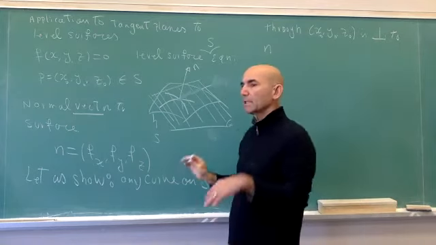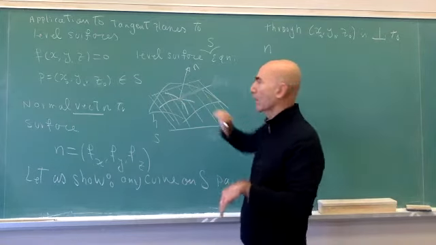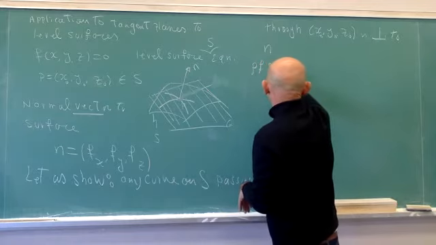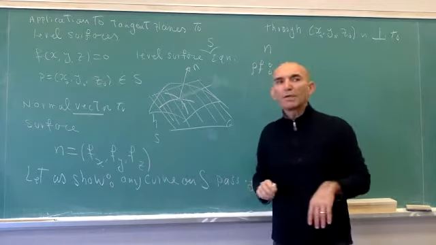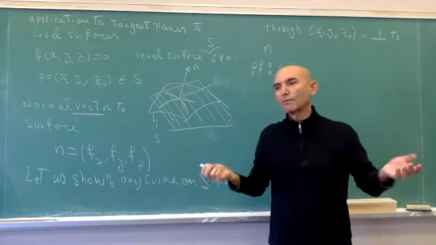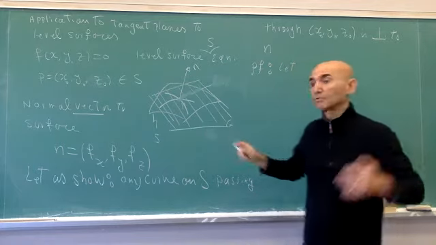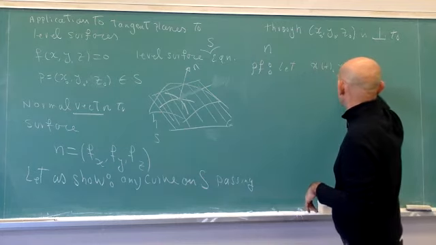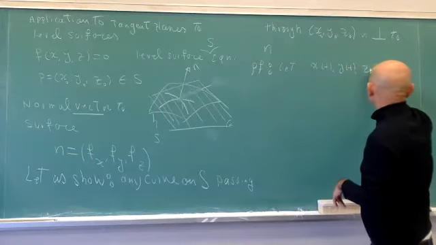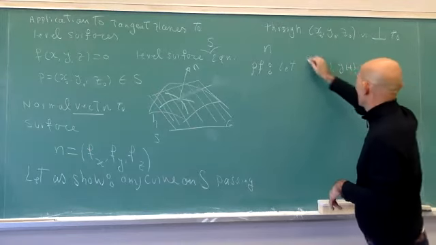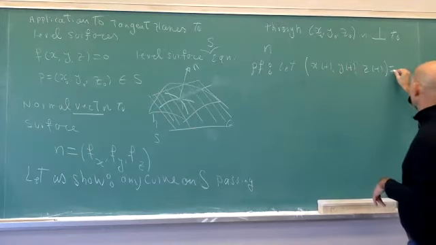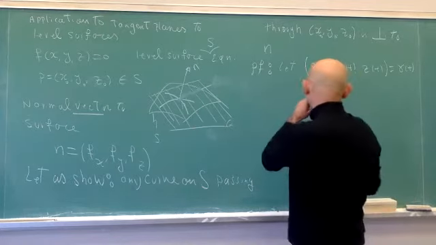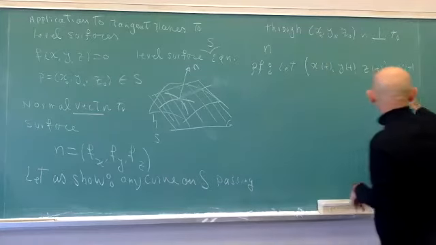Okay, so let's take a curve which is on this surface, right? So, proof. How do you write the equation of a curve? It's just x of t, y of t, z of t, three variables all depending on a parameter t. So this is like gamma of t. This is your curve.